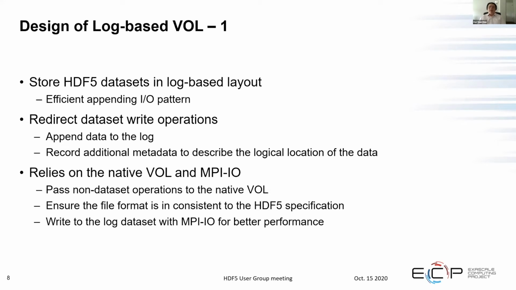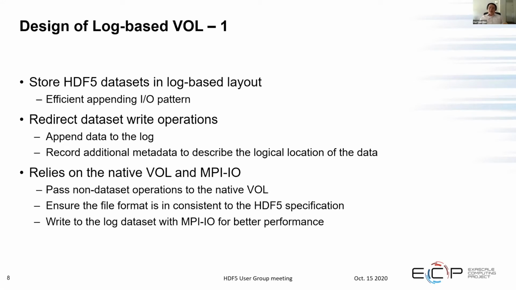We use the native VOL to handle the HDF5 file. It ensures the file format is consistent with the HDF5 specification, so in case there's a change of format or a new feature added to HDF5, we will be compatible with that. But for data I/O, we use MPI directly for performance reasons.